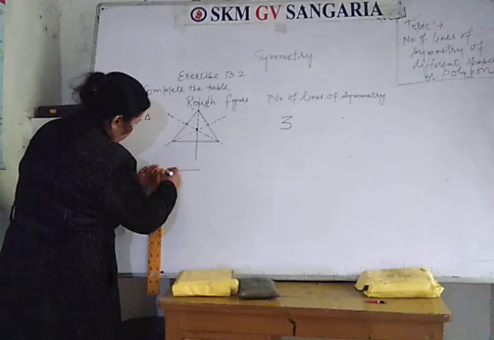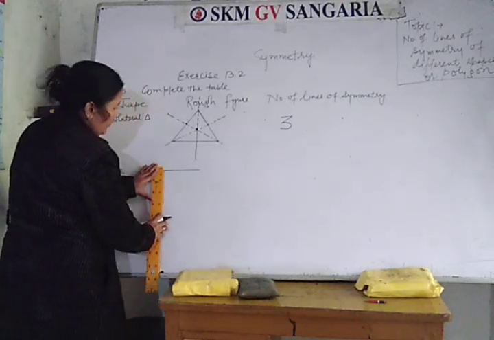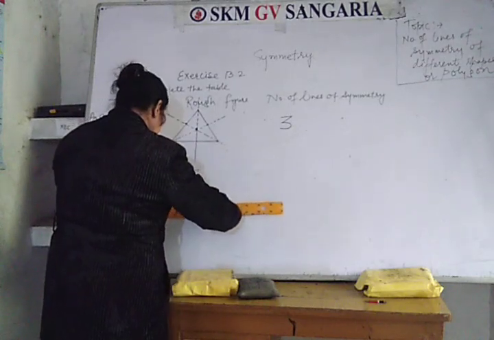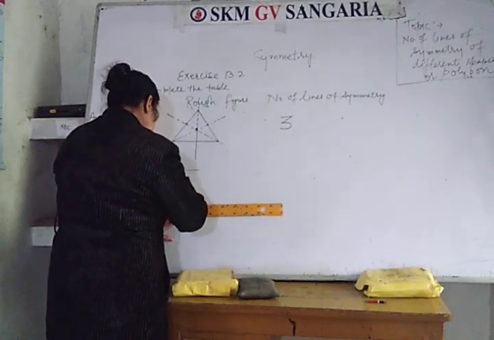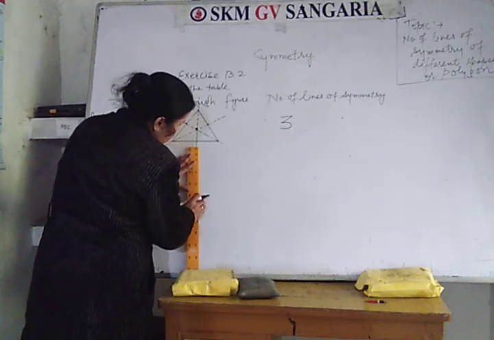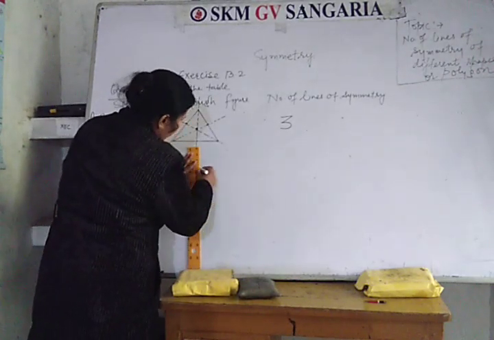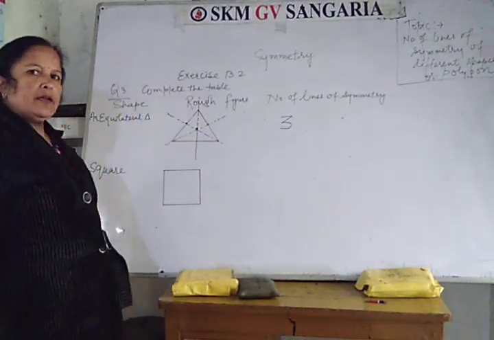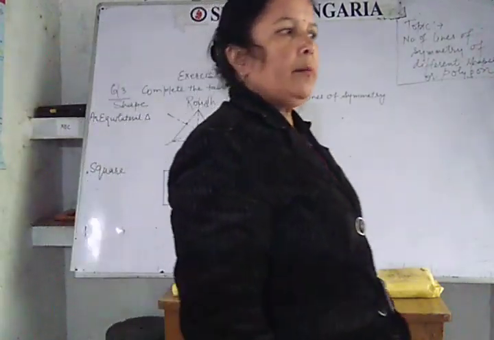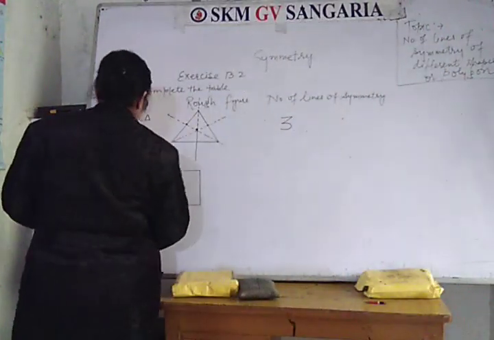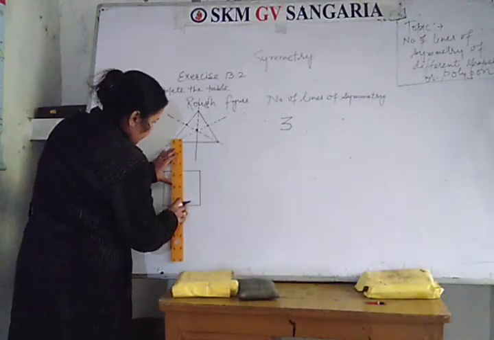So you will draw a square with the help of scale. So this is square. It is a closed polygon made up of 4 equal line segments.